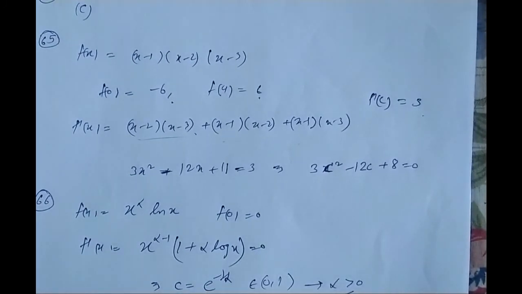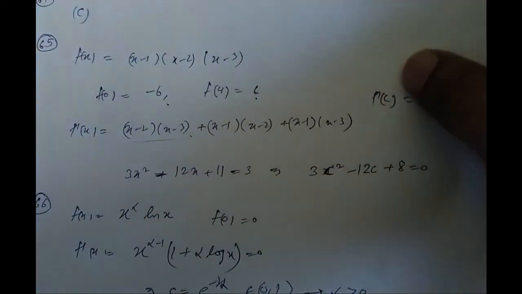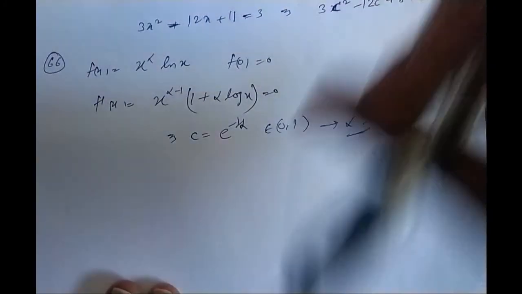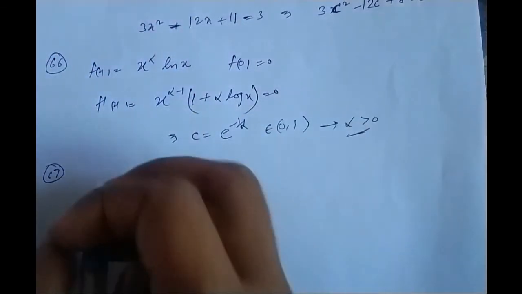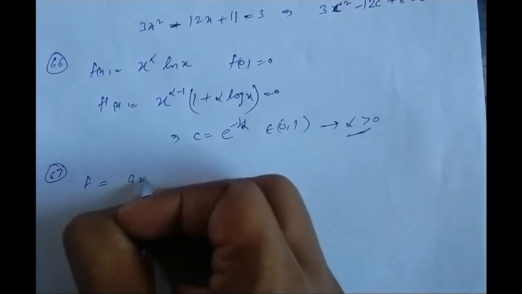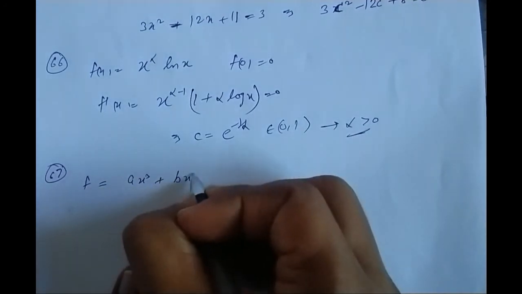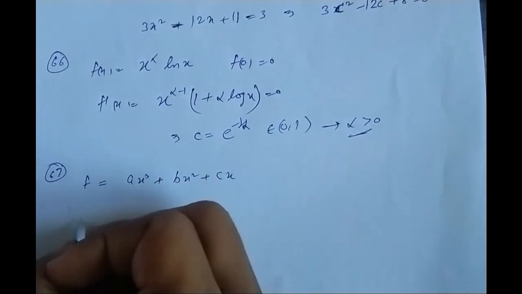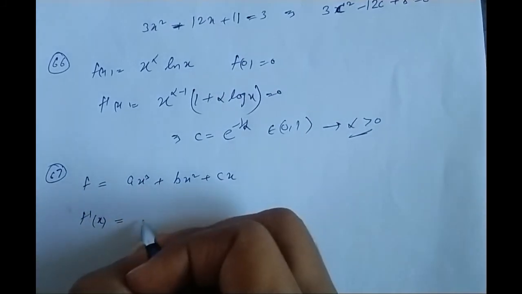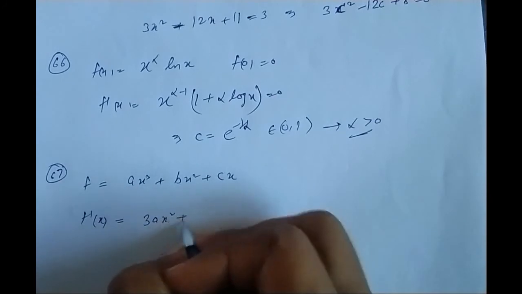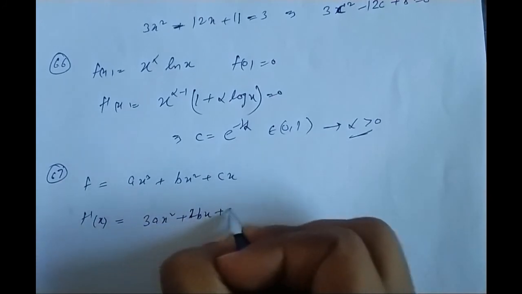If a plus b plus c is equal to 0, then the quadratic equation this. Okay, so let's assume a function f, ax cube plus bx square plus cx. So we can see that f dash x is equal to 3ax square plus 2bx plus c.